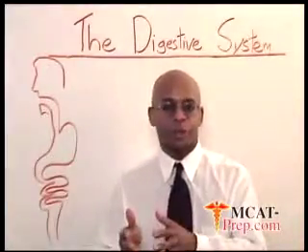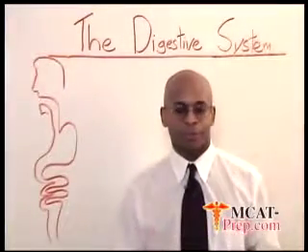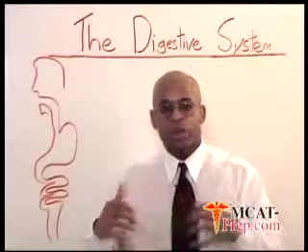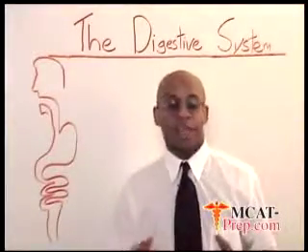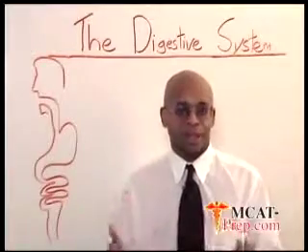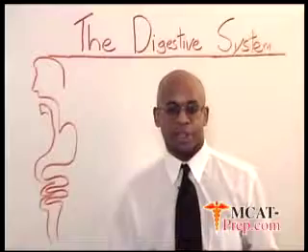This enters the duodenum. Now bile emulsifies fat, which means it increases the surface area of the fat so that the enzymes that came from the pancreas, like lipase, can start to break down the fat into its subunits.